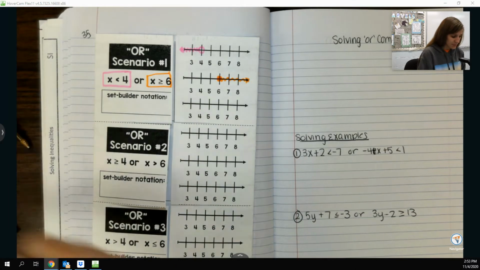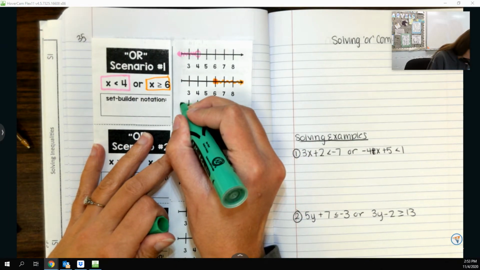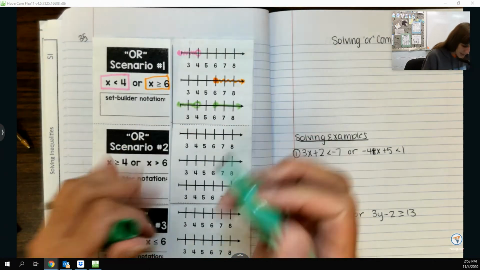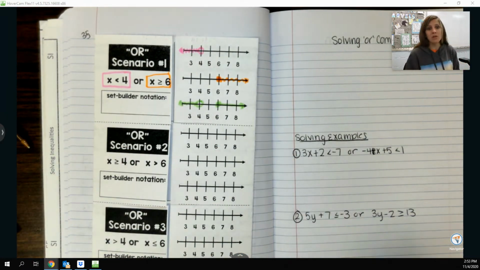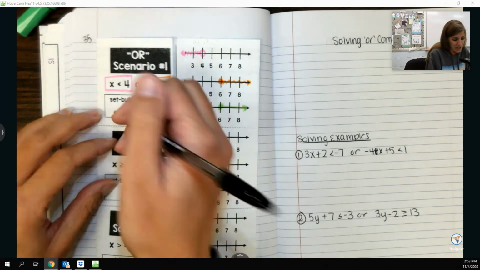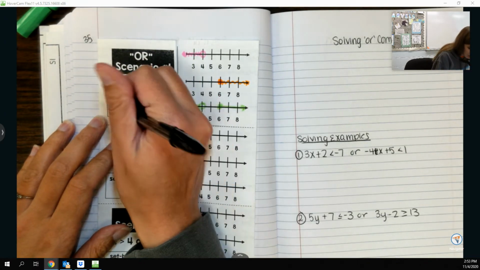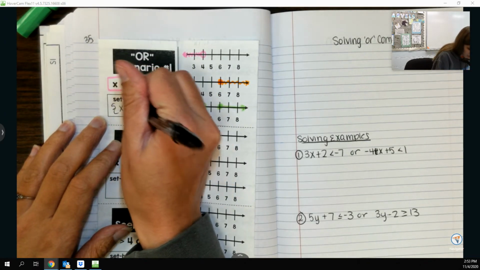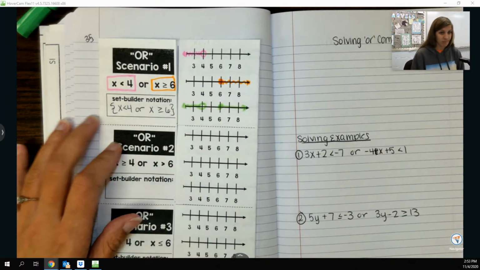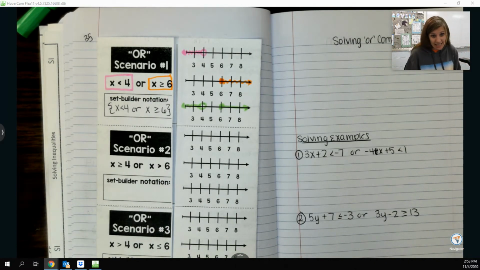So overall, my graph is going to be both of those things. The "or" compound statement is both of those graphs at the same time. So our set builder notation for this one, you guys, again, little fun curlicues around it, doesn't really change. X is less than 4, or X is greater than or equal to 6. It's the same. Kind of easy, I think.